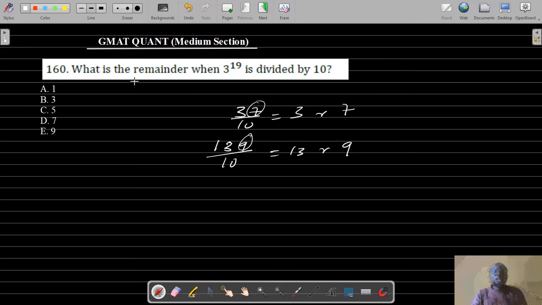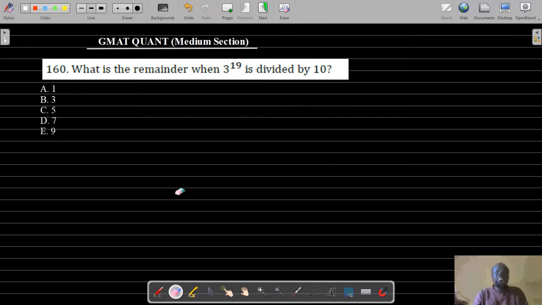So in this case, all we need to do is look for the unit value of 3 raised to the power 19. The unit value is the answer to the question. Let's look at 3 raised to the power 19. First, 3 raised to the power 1 is 3.